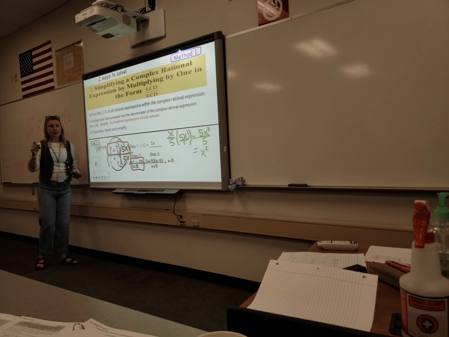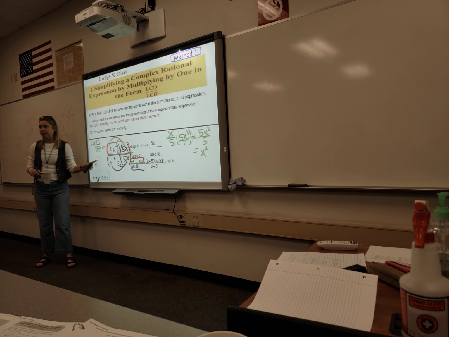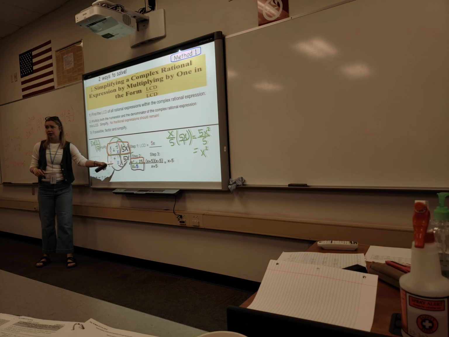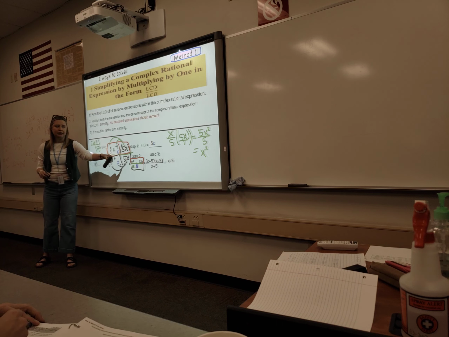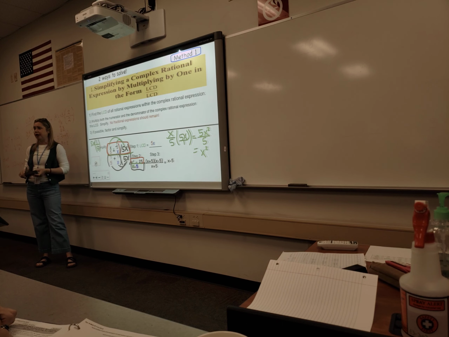So the reason that we can't just jump to simplifying this already is because this 5 is not the same as this x. And this 5 is not the same as this x. And so these have to remain separated until such time as they look the same or we cancel them out in some clever fashion.